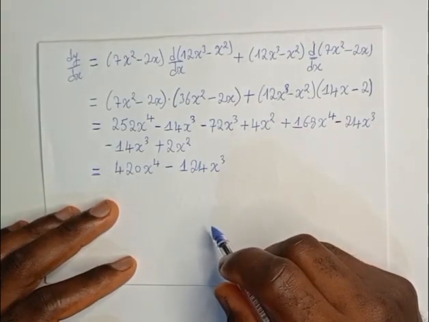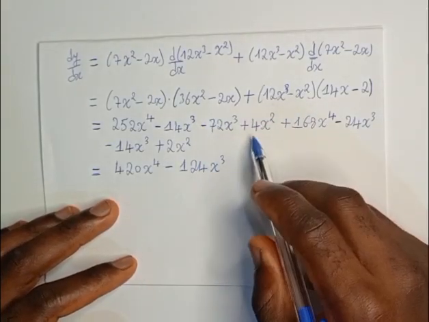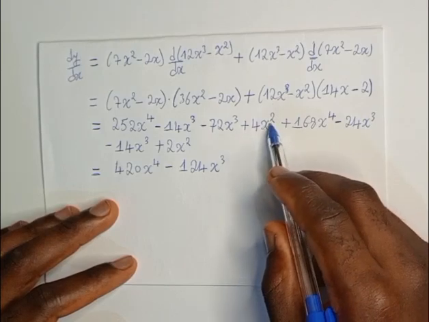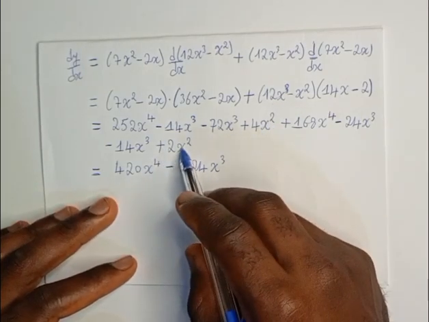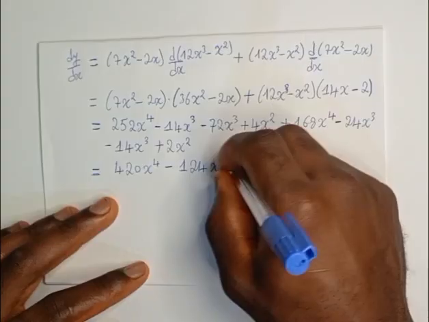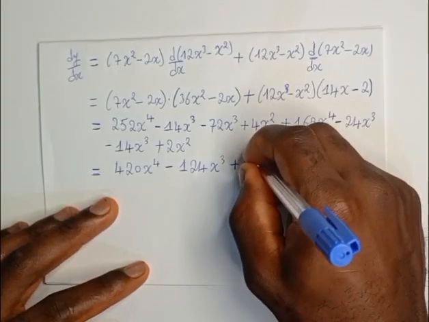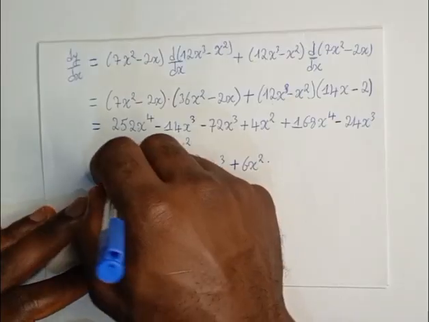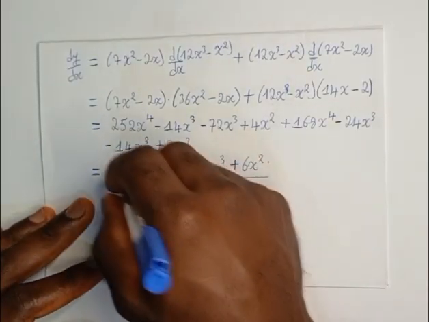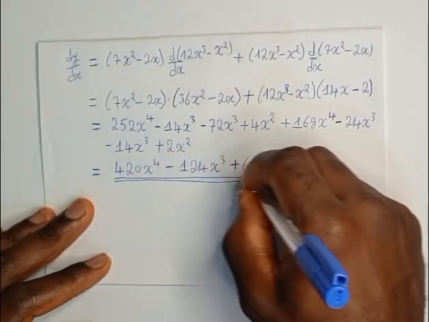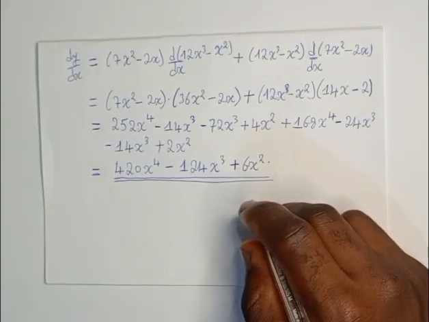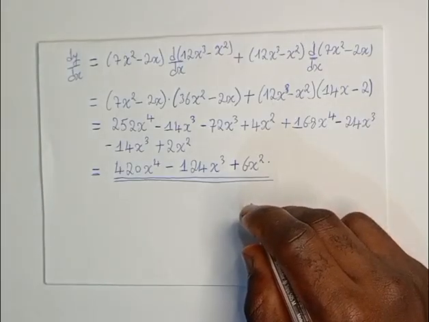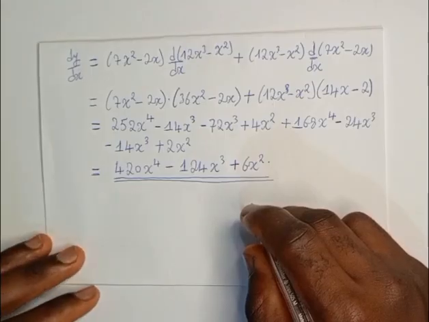We move now to the terms in x squared. We have just two terms, 4x squared plus 2x squared, which gives us plus 6x squared. And this is the derivative of the function y equal to 7x squared minus 2x times 12x cubed minus x squared.